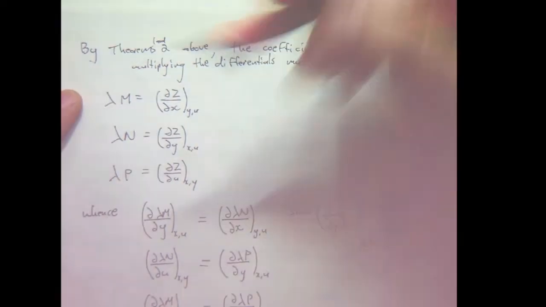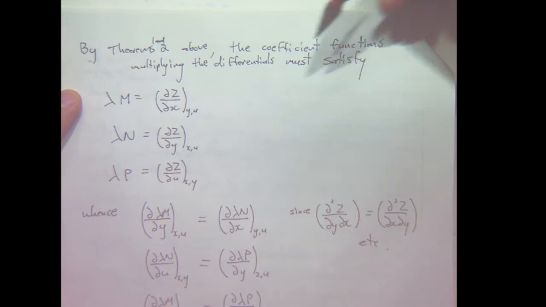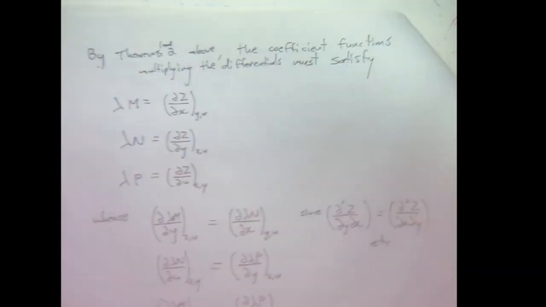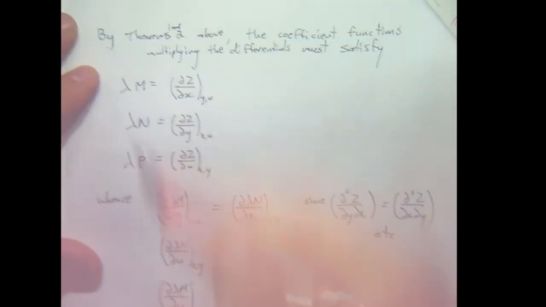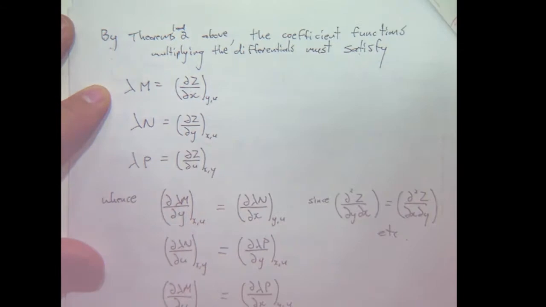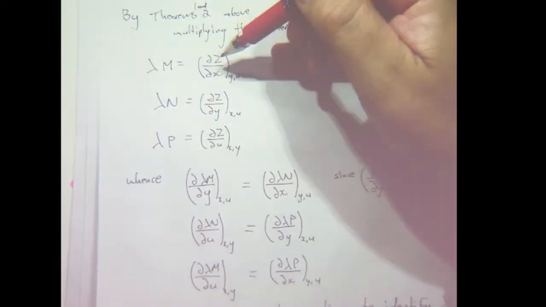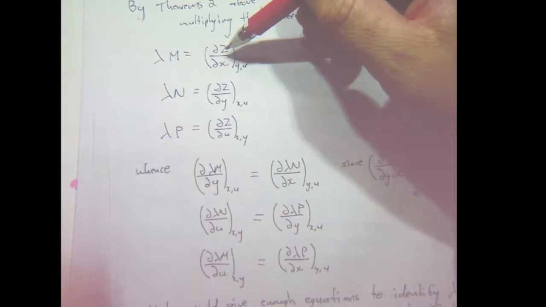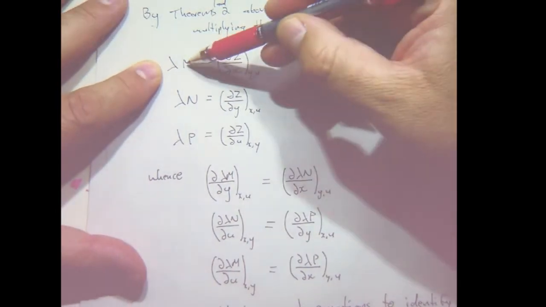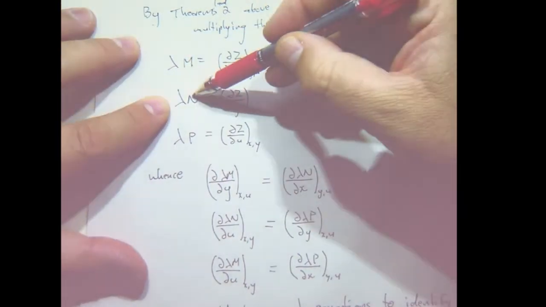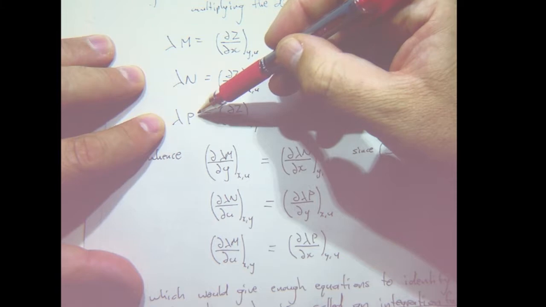Then what's the condition that lambda M, lambda N, and lambda P must satisfy? The conditions are that dz by dx has to equal that, dz by dy has to equal that, dz by du has to equal that.